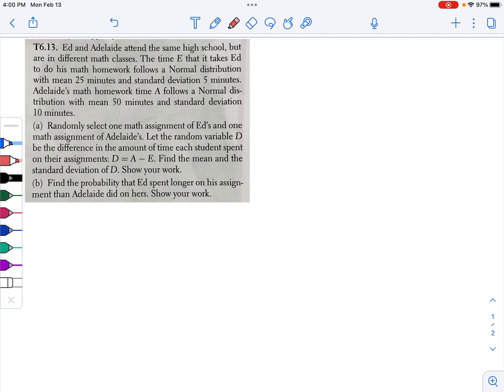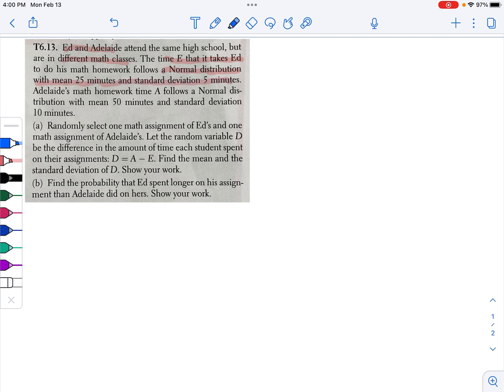So we have Ed and Adele, that attend the same high school, but are in different math classes. The time E that it takes Ed to do math homework is a random variable that follows a normal distribution.